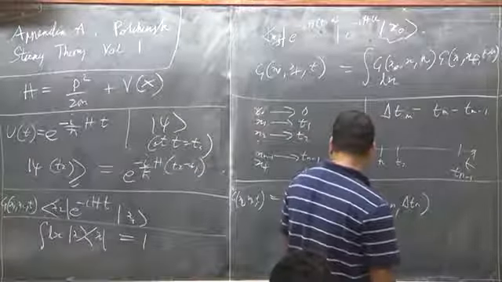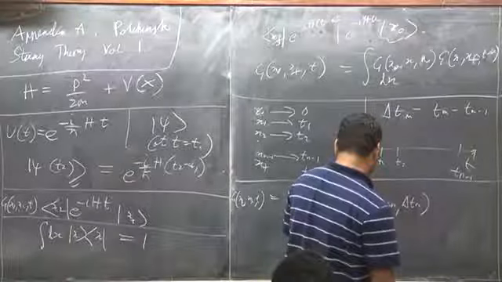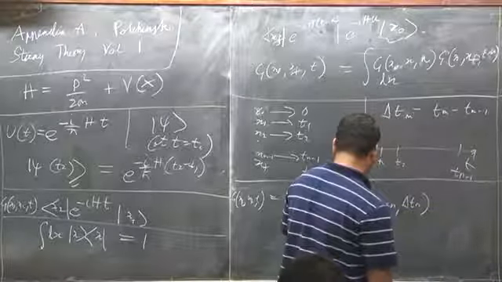So I've got n minus 1 of these. And what have I missed here?